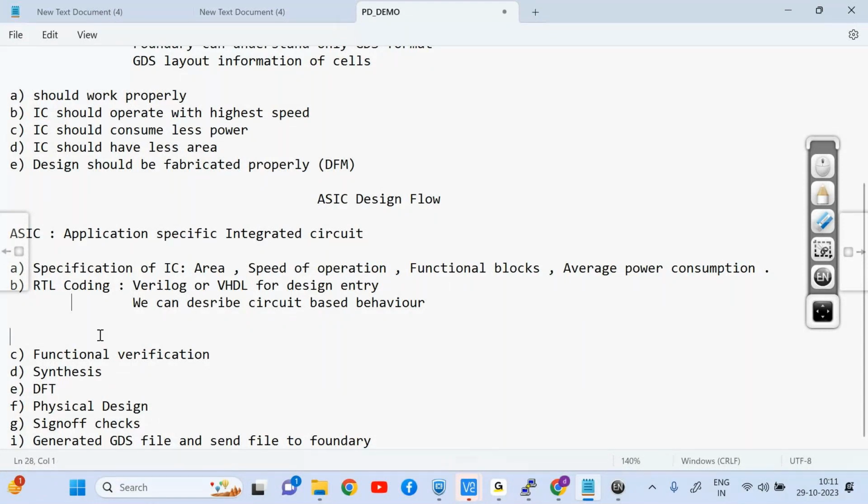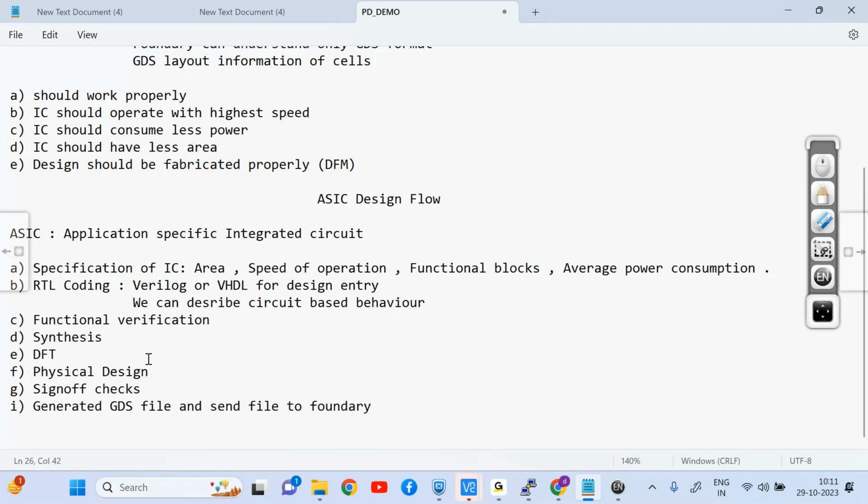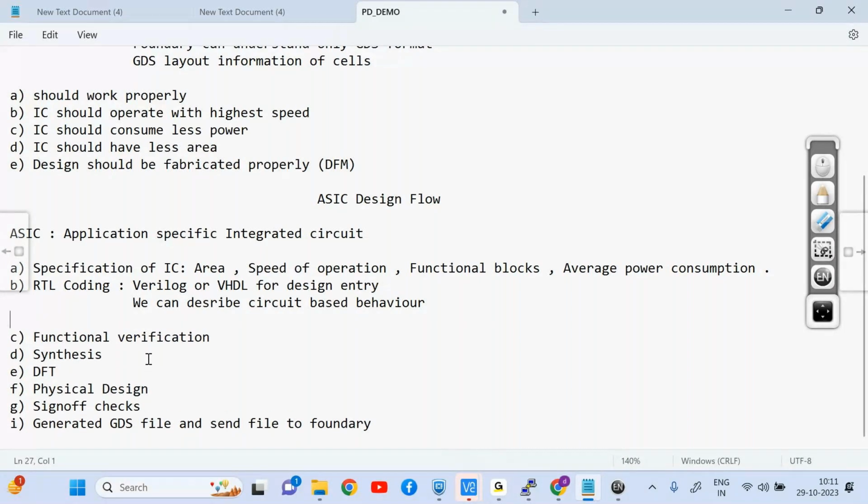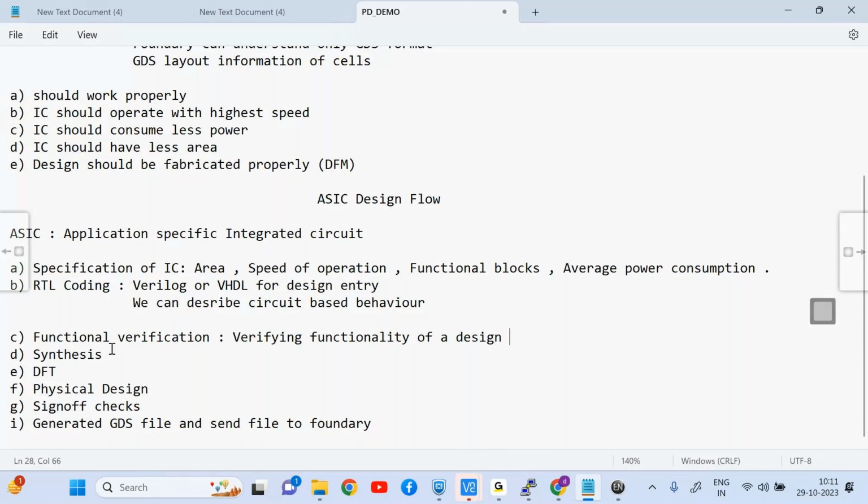So after RTL coding, you have functional verification. What is functional verification? Verifying the functionality of a design is called functional verification. Now the design is in what form? Behavioral form, in the form of Verilog or VHDL.